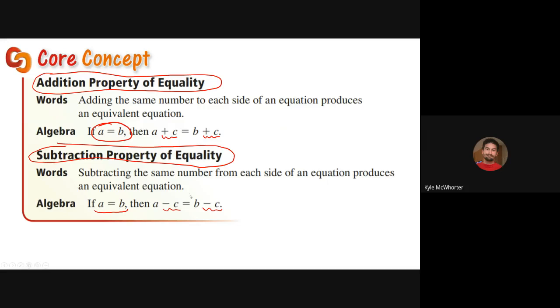So that means that if we're trying to solve this first equation, if we add the same number to both sides, it's an equivalent equation, so it has the same solutions. So this slide basically tells you you're allowed to add the same number to both sides of an equation or subtract the same number from both sides of an equation, and you still get an equivalent equation, which has the same exact solutions.